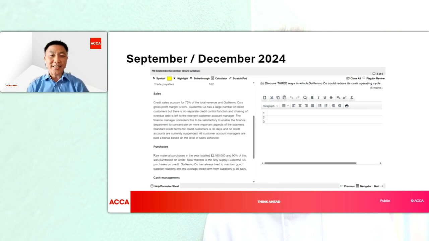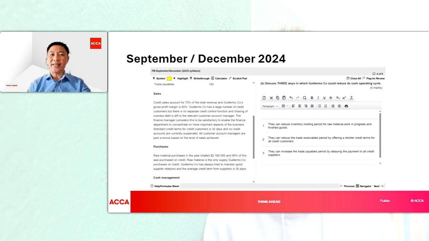Guys, coming back to the narrative type of question, B, what exactly makes up a poor answer? Let's take a look at this. Students may have given 3 answers, which are ways, so-called ways to reduce the cash operating cycle. Now, on the assumption that every one of us already knows the formula of the cash operating cycle, take a look at the way that these students articulate.